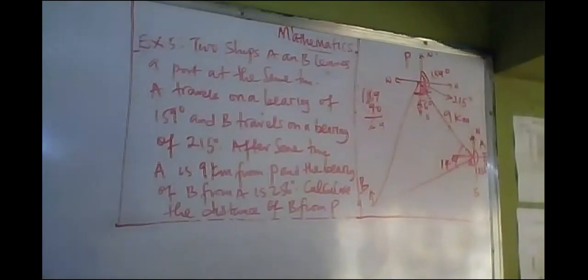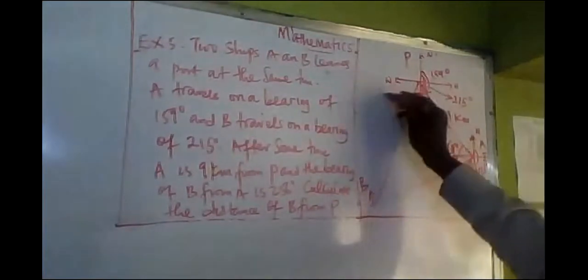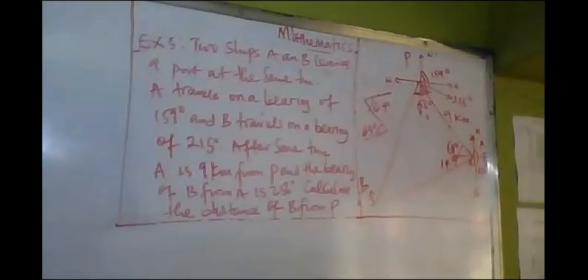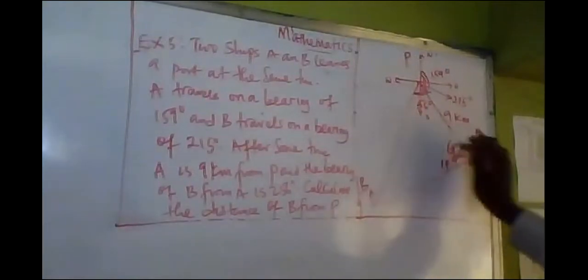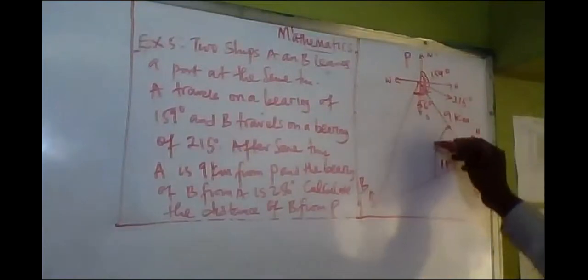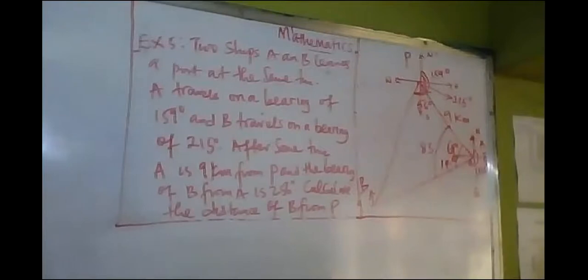Yes, 69. So this place is 69 because of Z angle. We already have here 69 degrees. So alternate angles. So this part is what? Add 69 plus this, that should give us 83.